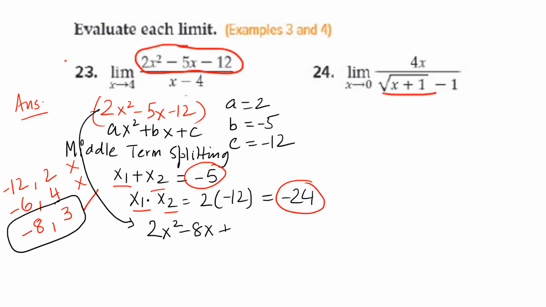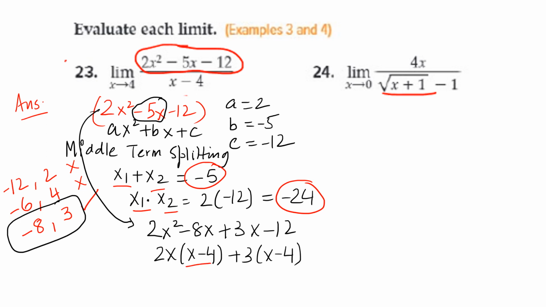Minus 8 and plus 3, I break the middle term minus 5x into these two parts. So this is what you get. Let's take common factor 2x, x minus 4, common factor plus 3, x minus 4. Now x minus 4 is common, you can take it together and you're left with 2x plus 3. So this is the factorization of the numerator.